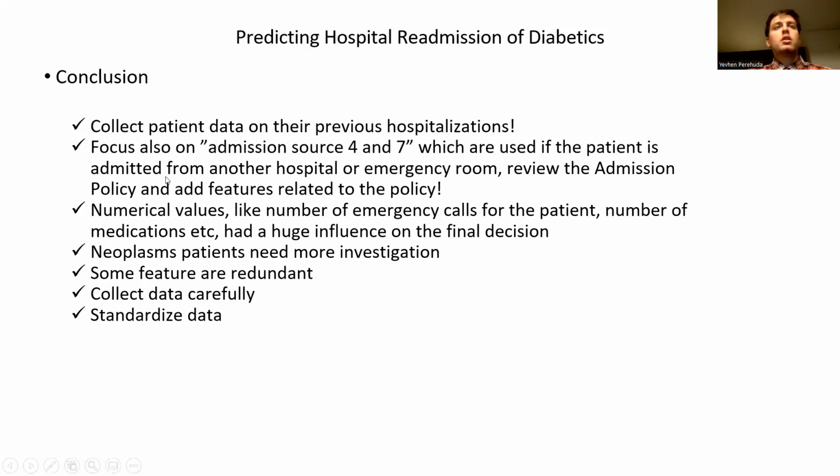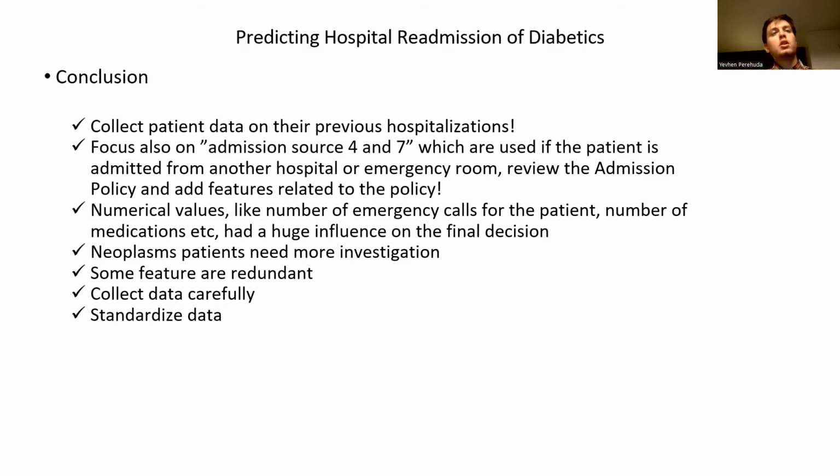Next, numerical values like number of emergency calls for the patient, number of medications, and other numerical features had a huge influence on the final decision. We found it with the help of Spearman correlation analysis, and when we did the feature importance analysis of our models, we saw that most numerical features are at the top by importance.